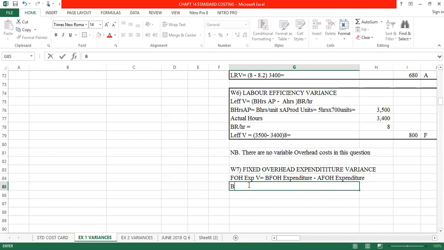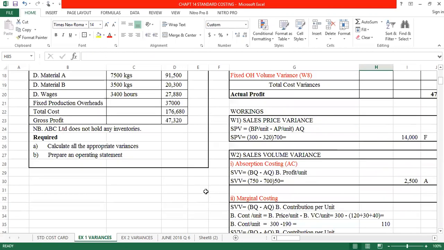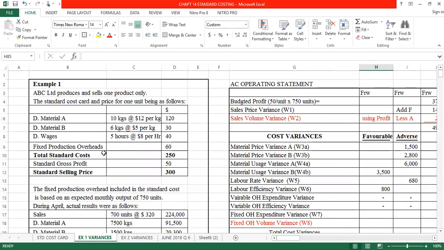So we'll start with our budgeted fixed overhead expenditure. Remember, it is 60 per unit times the number of units, which is 750.